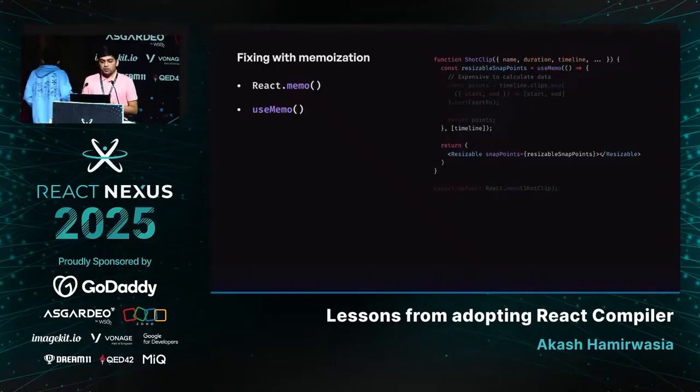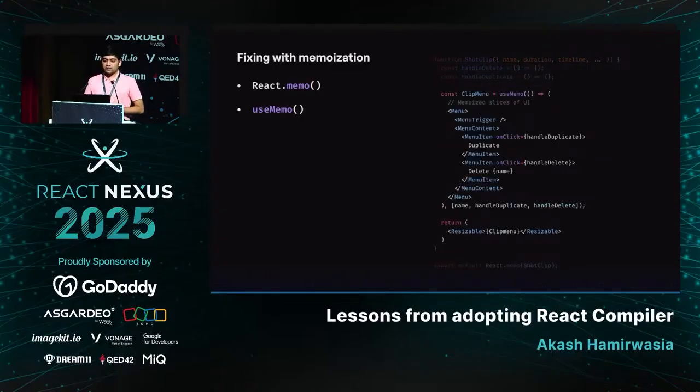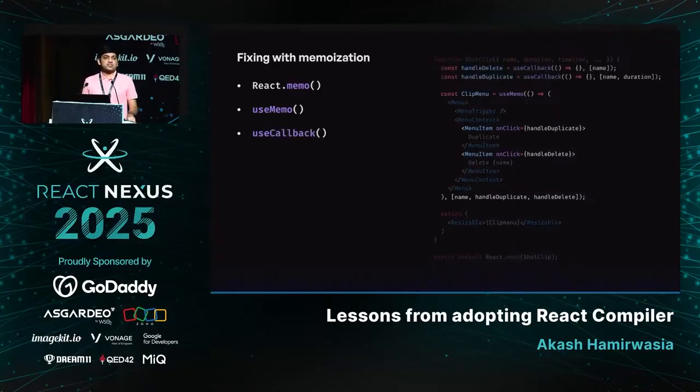Now, some of you might not be aware that you can also wrap JSX inside useMemo. So in this example, inside this clip component, I have a drop-down menu that I show, and it re-renders very often. It's quite expensive. So I've wrapped it in a useMemo. It returns the JSX, and I simply render it while returning from the component. And finally, there's also useCallback, which is similar to useMemo, but it works for functions.